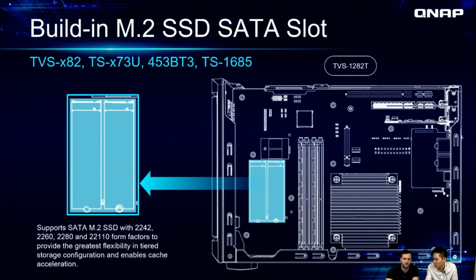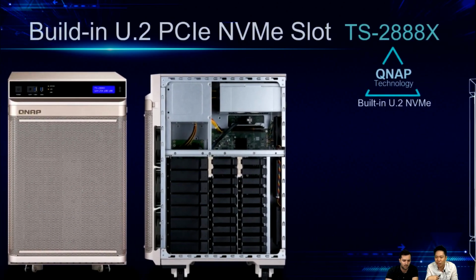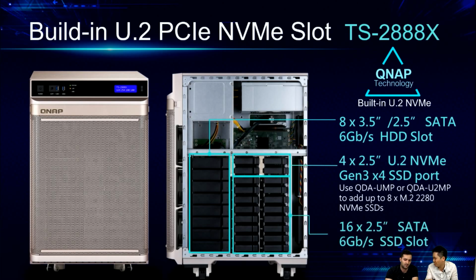Those you can use as a Qtier or SSD cache to accelerate your storage performance. And finally, we have this gigantic one. It has the latest U.2 interface that allows you to, as we mentioned, do AI training.